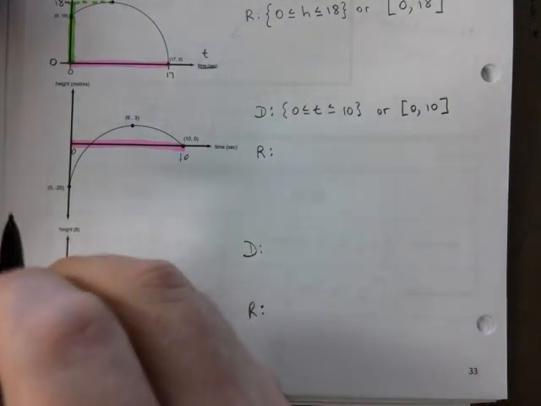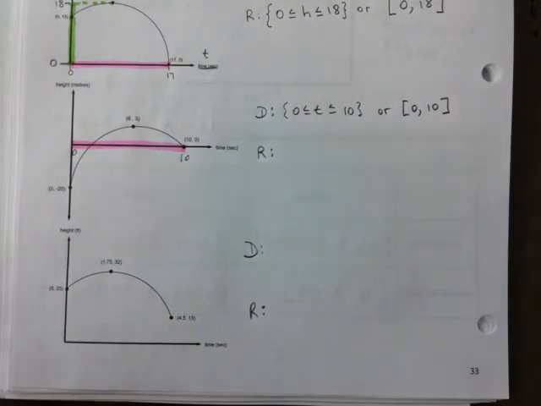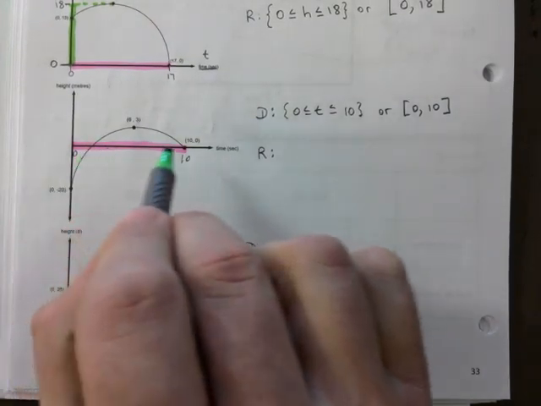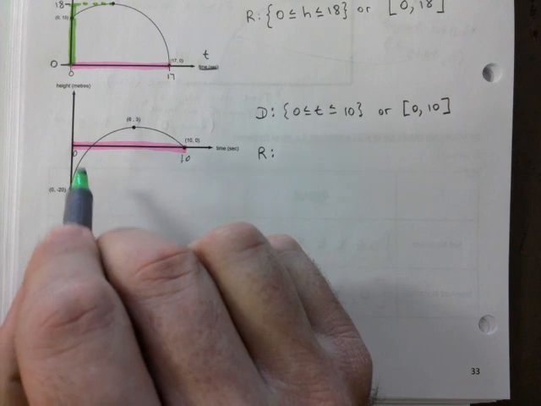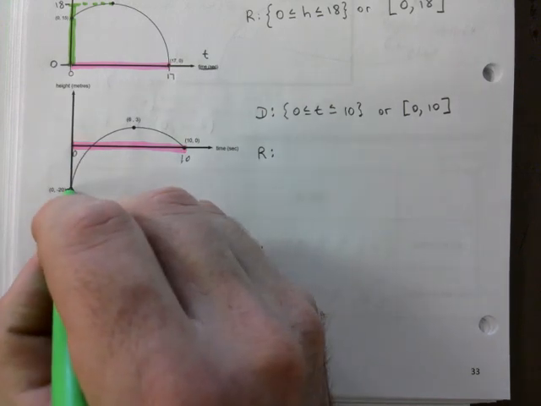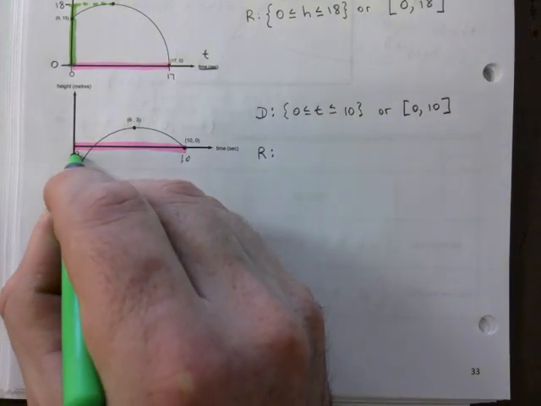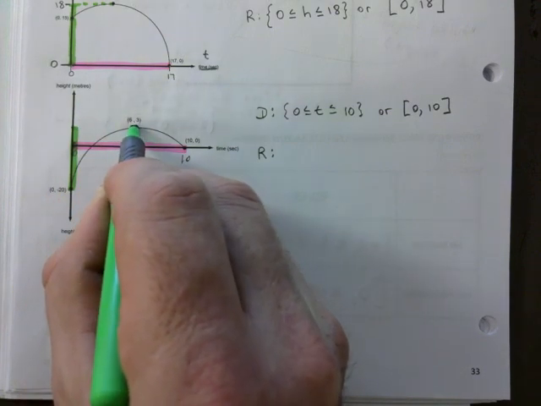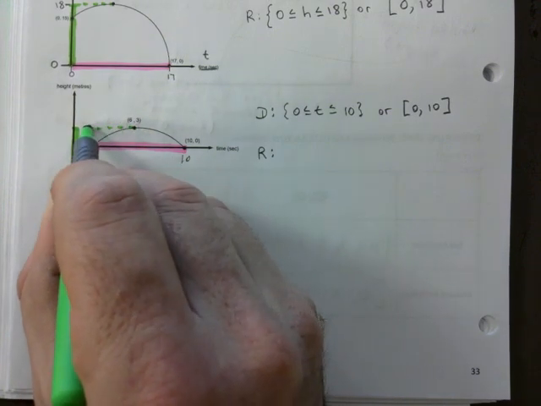Next, range. I go from -20. I go left to right for domain. I go bottom up for range. So still curve, still see a curve until you reach the maximum here. So you can go like this if you want.